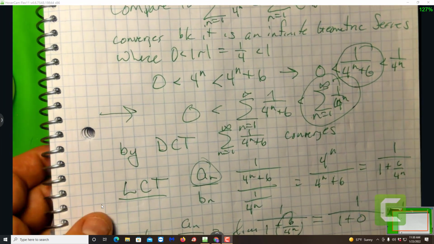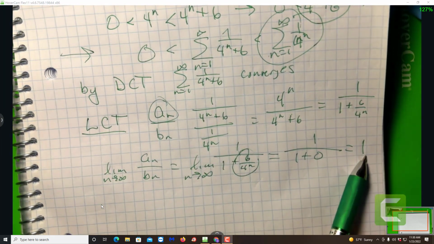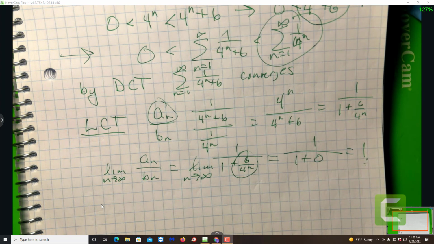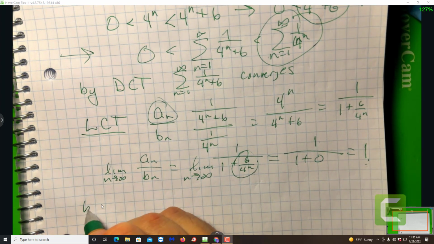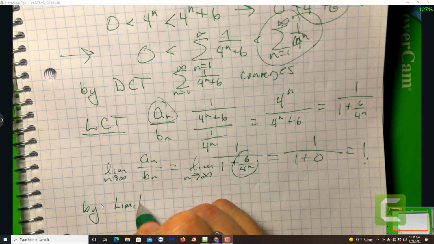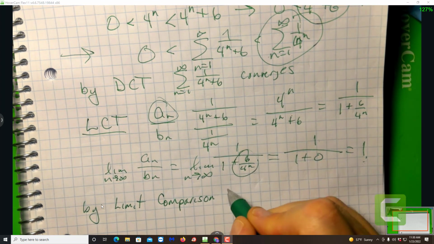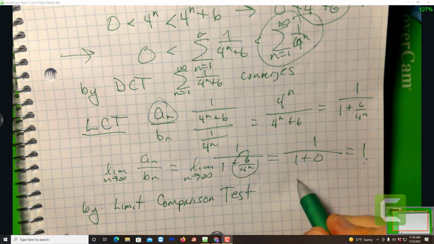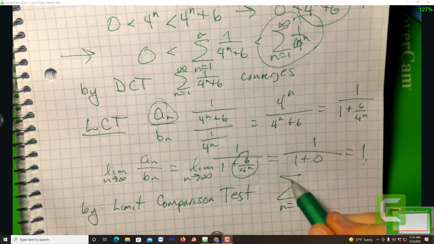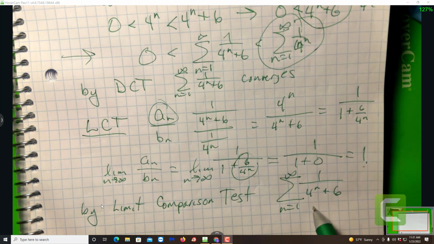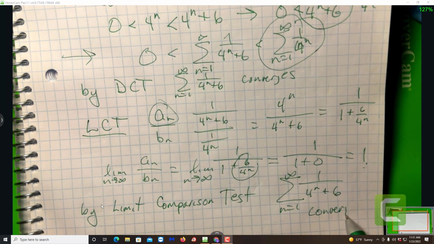So this limit is finite. Therefore, they're growing at the same rate. Therefore, they both converge because the one I compared it to converged. By the limit comparison test, the series n equals 1 to infinity of 1 over 4 to the n plus 6 converges.